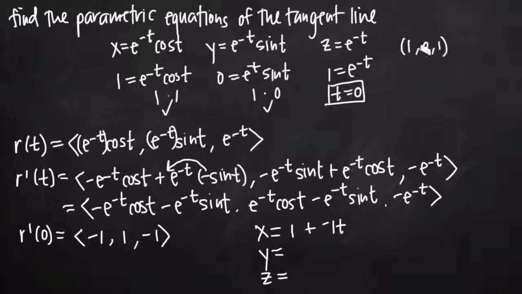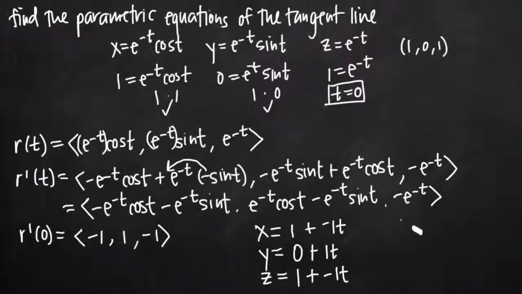Now for our y equation, we take our y value here, we get 0. Then we add to that the corresponding value from our vector, which is 1, and multiply that by t. Then for z, we take the corresponding value from our coordinate point, which is 1. Add to that the component from our vector over here, which is negative 1, multiplied by t.